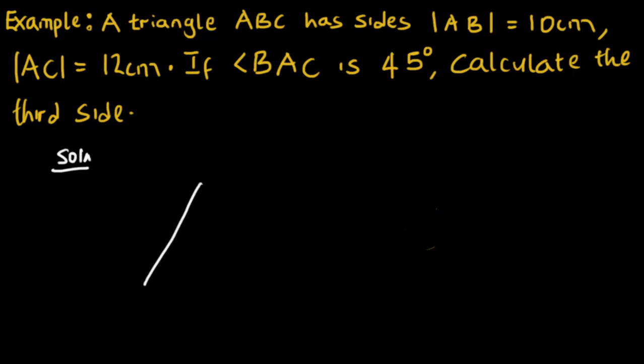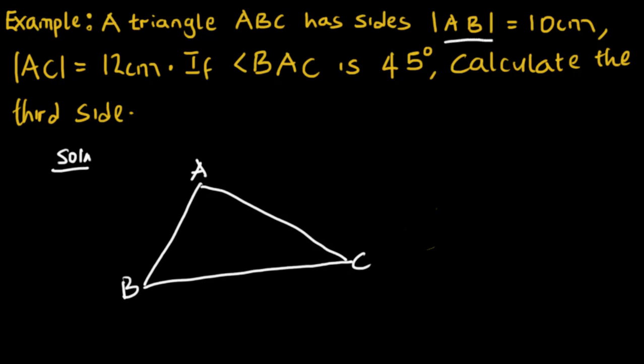Now let's draw this diagram. Triangle ABC, so we label it ABC. We are told that line AB is 10 centimeters, so this part AB is 10 centimeters. Line AC is 12 centimeters, so this part is 12 centimeters.